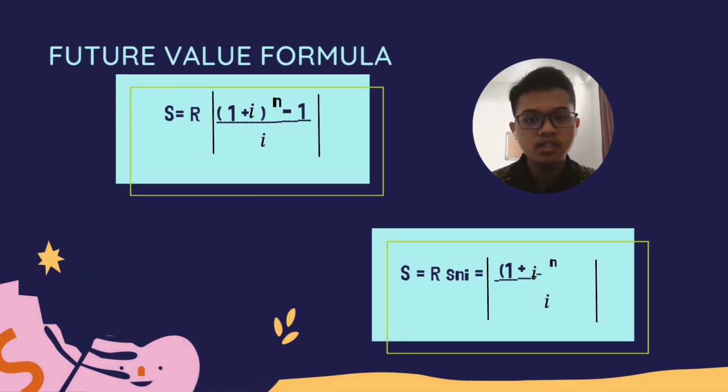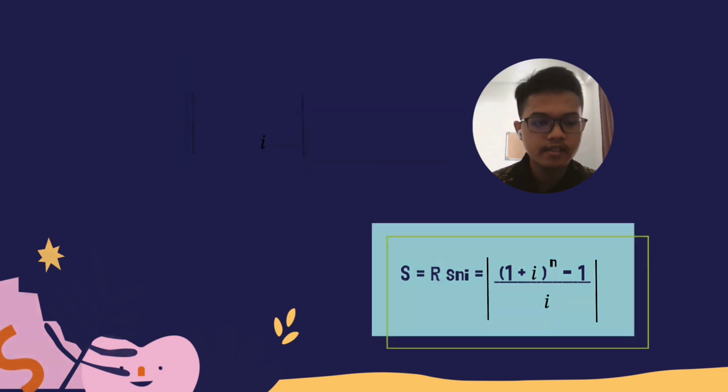We have two types of future value formula, which is S equals R multiplied by (1 plus I) to the power n minus 1, divided by I, and also S equals R times s angle n at I, equals (1 plus I) to the power n minus 1, divided by I.